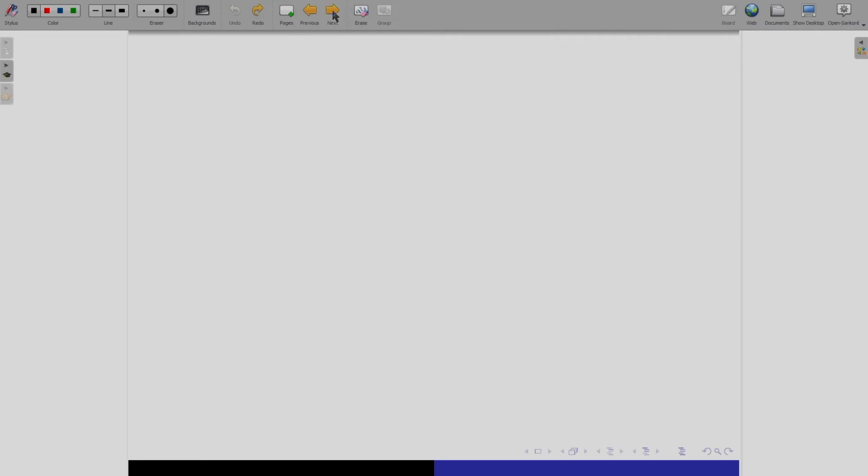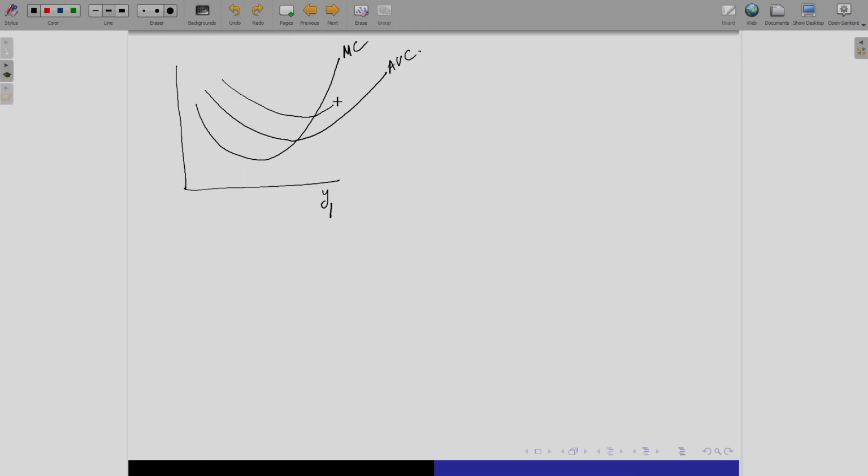Next, suppose this is the output of firm 1. Suppose the marginal cost curve is of this nature. And I hope you remember that this point is the minimum of AVC, and again, this point is the minimum of AC.